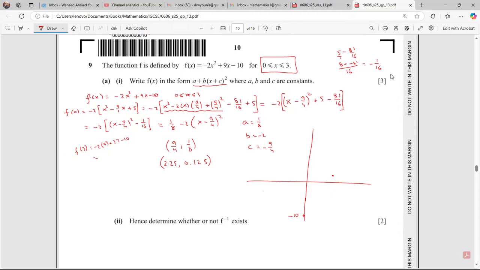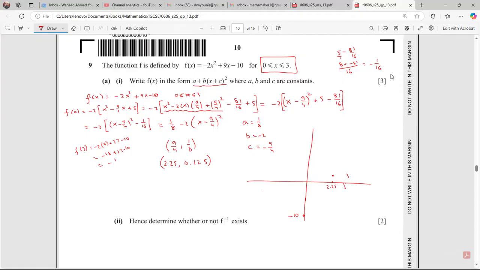So this is minus 18 plus 27 minus 10. This is going to be 9, right? 9 minus 10 is minus 1. So basically this point is 2.25, and at 3 I'm at minus 1.